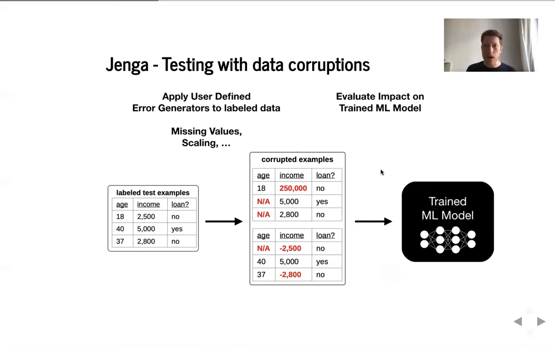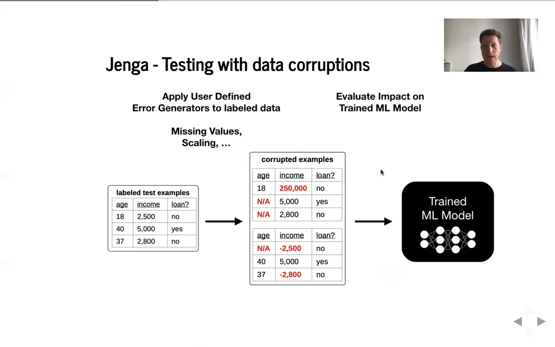Those examples, though, are applied at training time or before training time, and they are being used to make your model stronger, to make it more resilient, and to make it invariant with respect to certain types of errors. Here, in contrast, in Jenga, we assume that your model is already trained and we don't have access to the model.